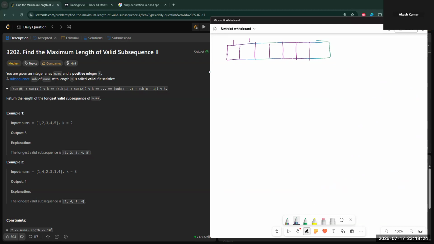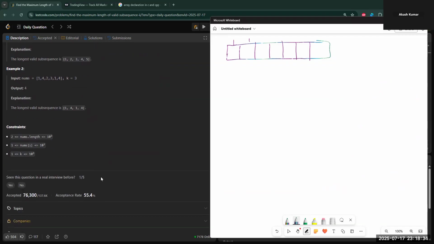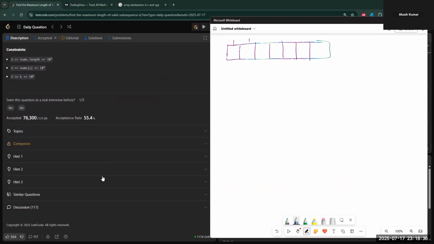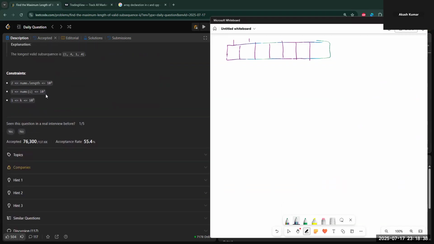That will be a semi brute force approach. The constraints in the problem are: num size is 10 to the power 7, length is 10 to the power 3, and K is also 10 to the power 3.